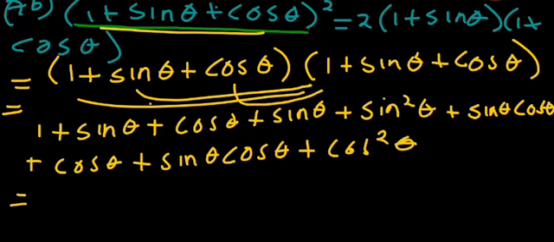So we can now add what we have. We've got 1, and then sine theta, and we've got sine theta here, and even there, so we've got 2 sine theta.